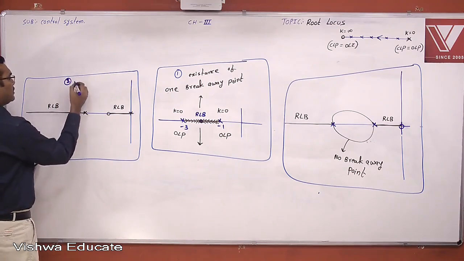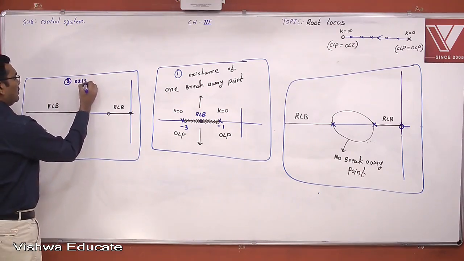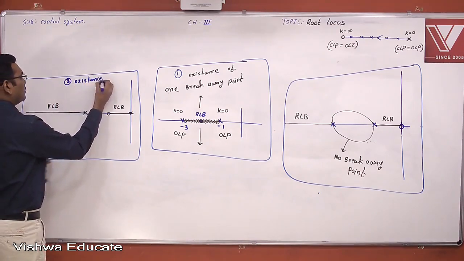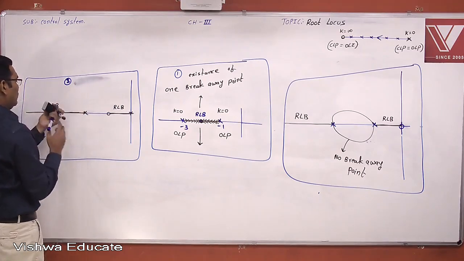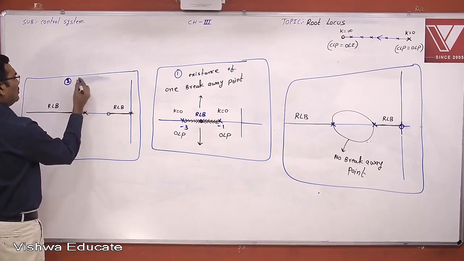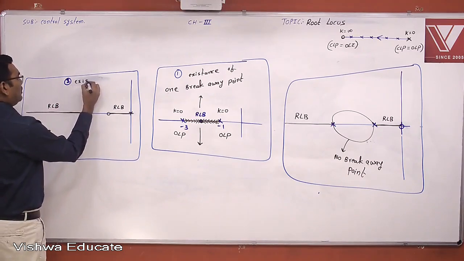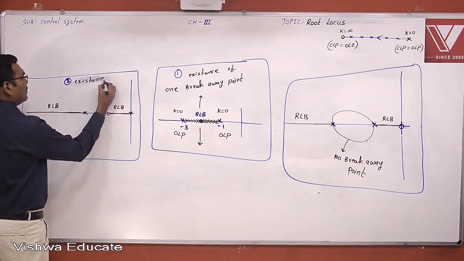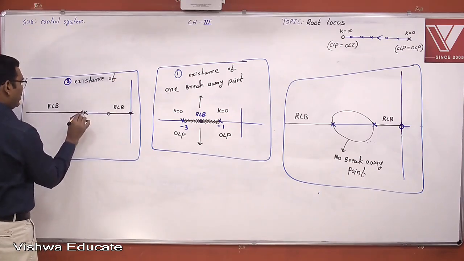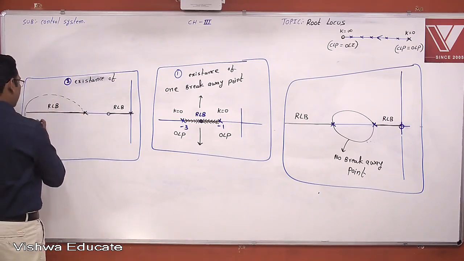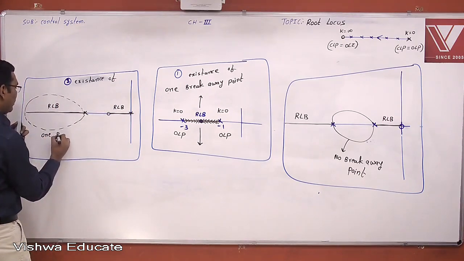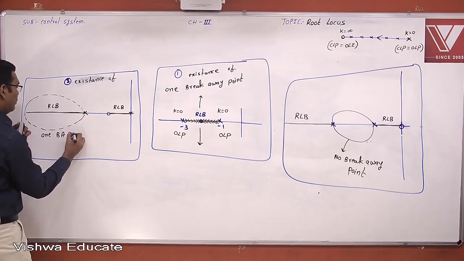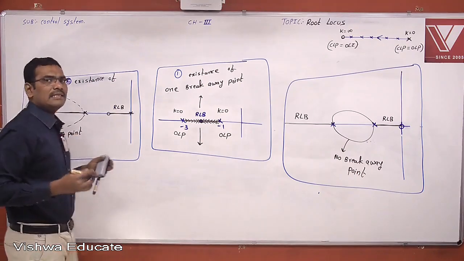This is a second chance of existence, here. Existence of one breakaway point. So these are the possibilities.